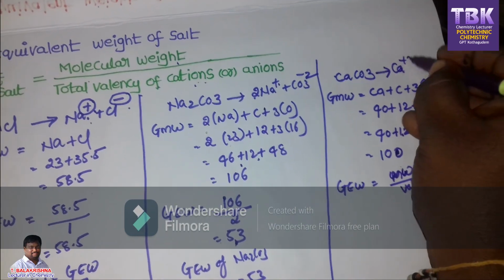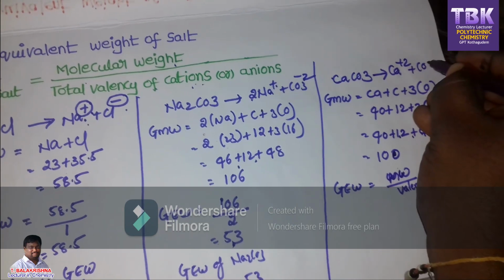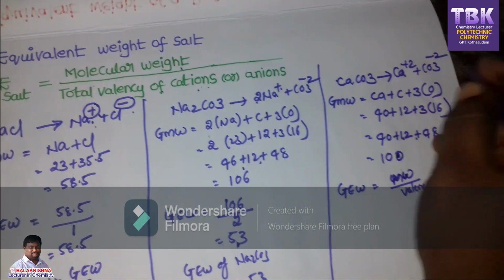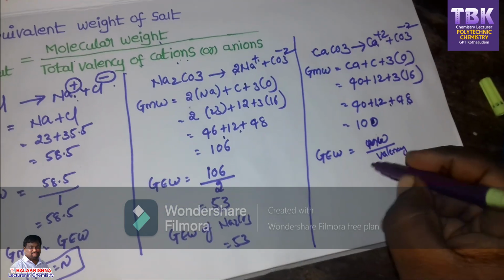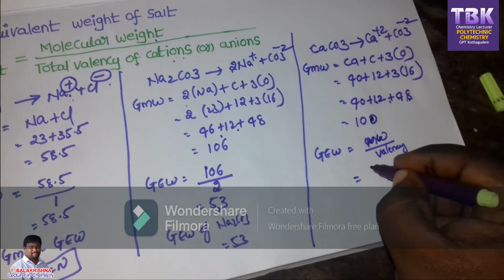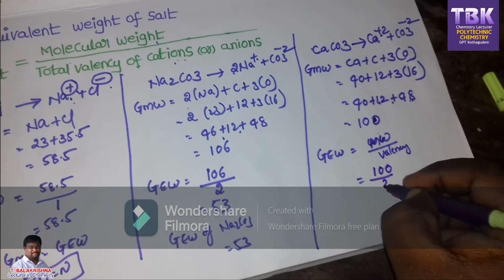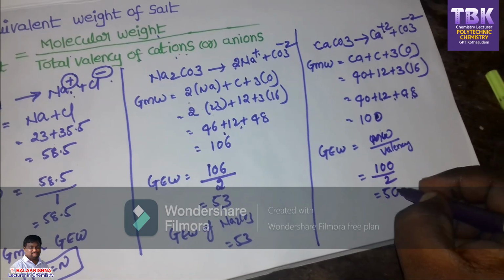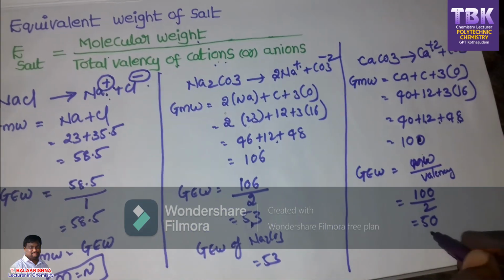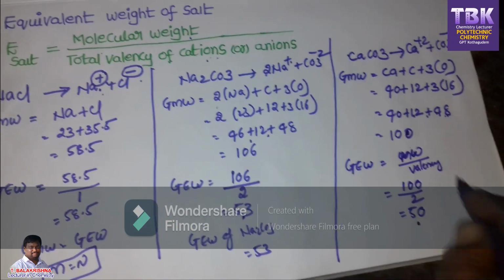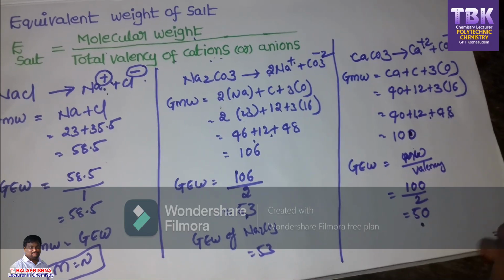Ca2+ plus CO3 2-, calcium carbonate is split into. So 2 positive charges and 2 negative charges. You consider only positives or negatives. So 100 by 2, so 50. 50 is the gram equivalent weight of calcium carbonate. This is used for calculation of normality problems. This is used for calculation of molarity problems.